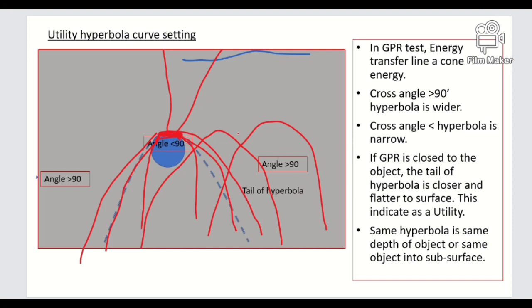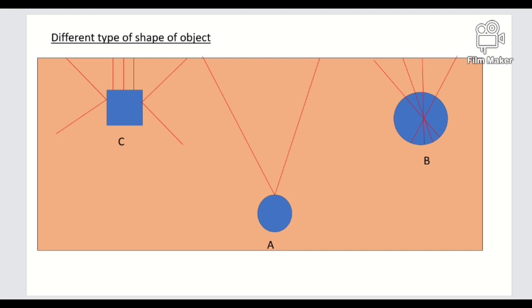Then we will discuss this: if there is any drainage or foundation wall, the reflection will happen this way, and closer to the ground it will be perpendicular. If the depth from the surface is greater, it will give different types of utility hyperbola.